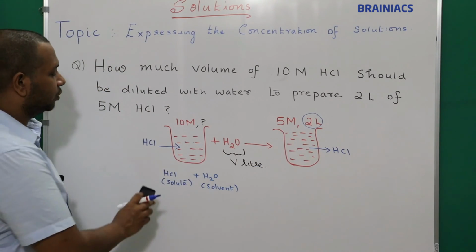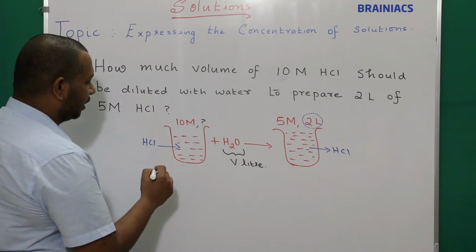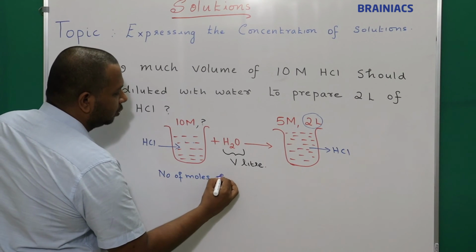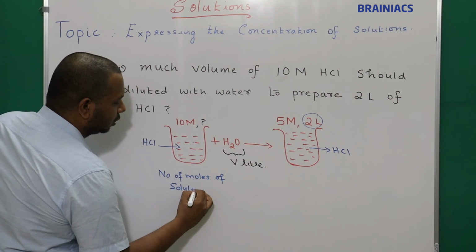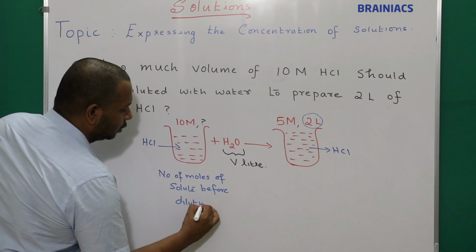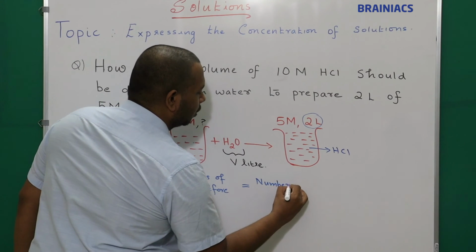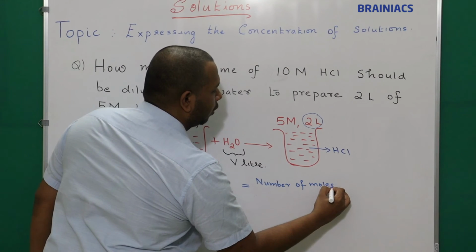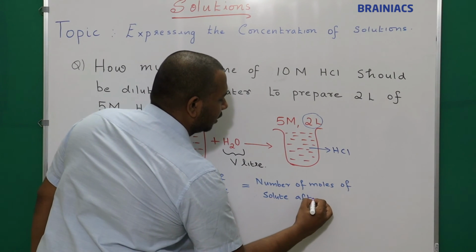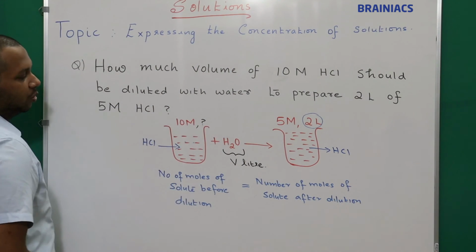So if the number of moles of the solute remains the same, the number of moles of solute before dilution should be equal to the number of moles of solute after dilution, because you are not adding any HCl, and HCl is my solute here.